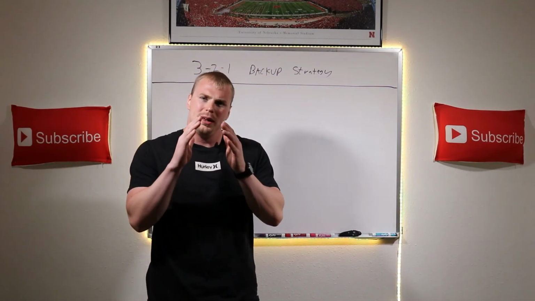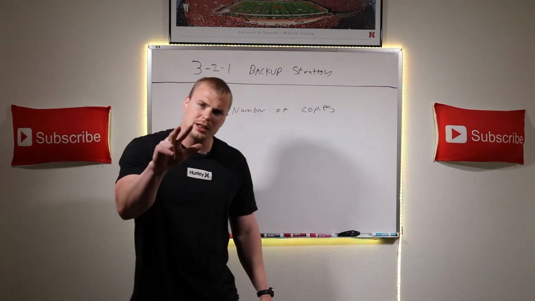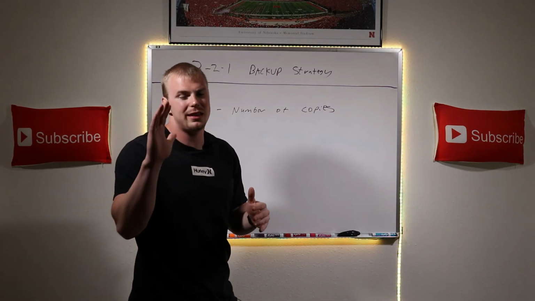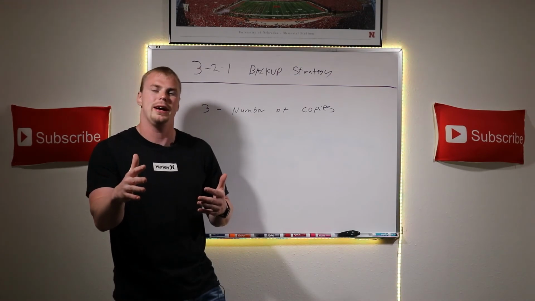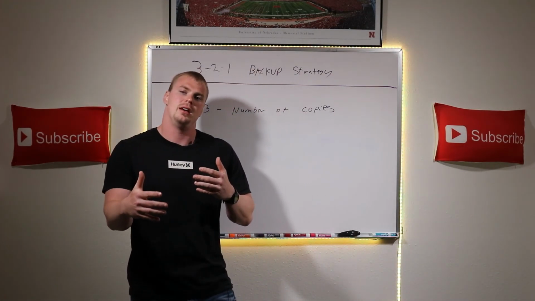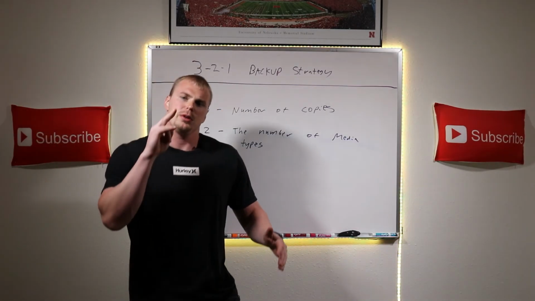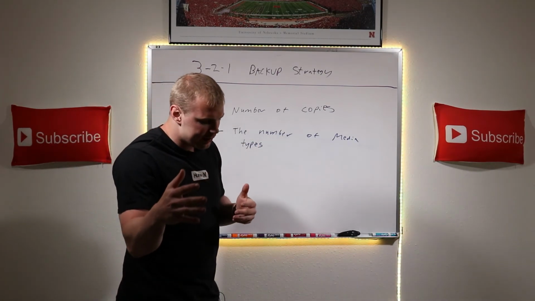Alright, so what is the 3-2-1 backup strategy? Alright, so 3 stands for the number of copies of the data that you have. And that's accounting the original copy that you have, so the data that you have on your device, and then 2 other copies on top of that, right? Alright, the number 2 stands for the number of media types that you should be using.